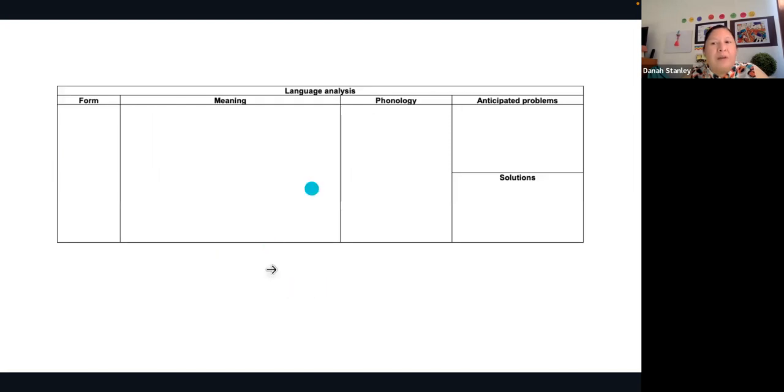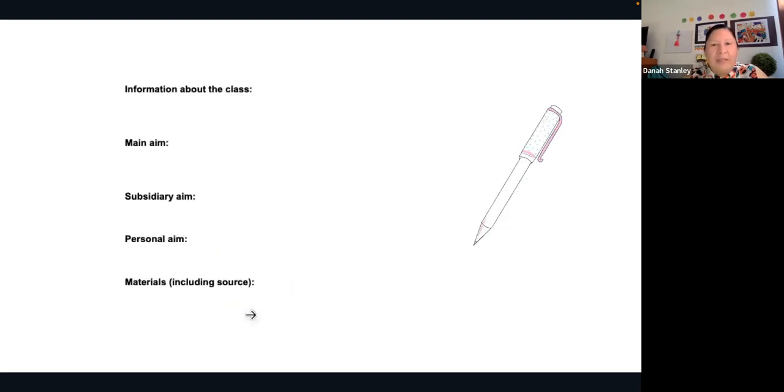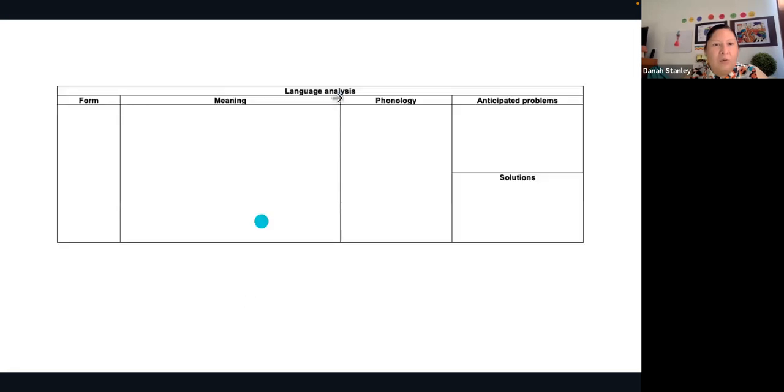I prefer something like this, that after doing this, you include a table like this. If it is vocabulary or grammatical structures, you have the form, the formula, the meaning.